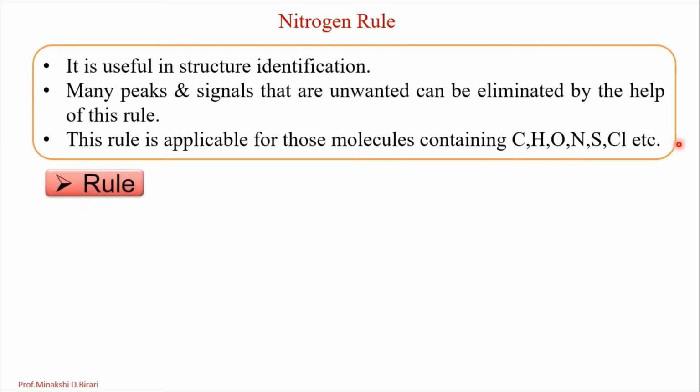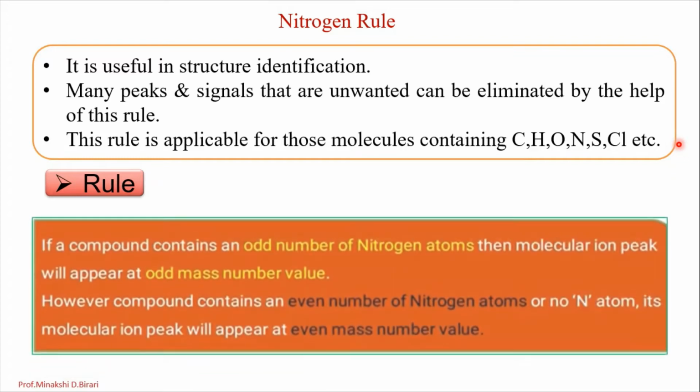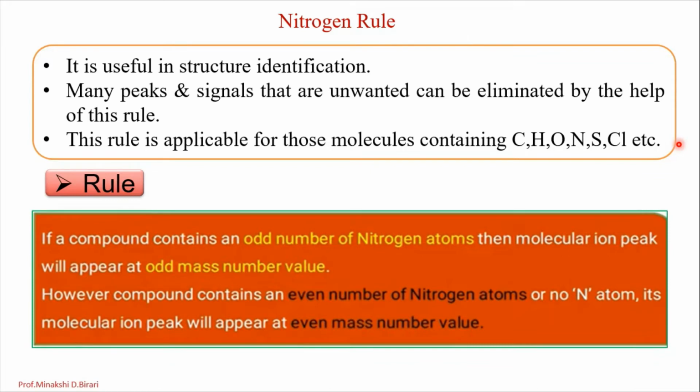The effect of nitrogen atoms on the mass of the molecular ion in mass spectrometry is called the nitrogen rule. According to the nitrogen rule, if a compound contains an odd number of nitrogen atoms, then the molecular ion peak will appear at an odd mass number value.